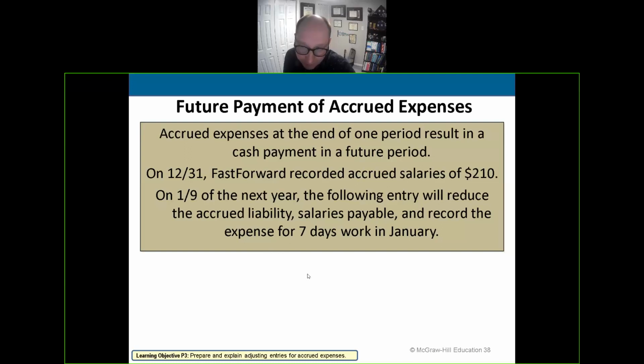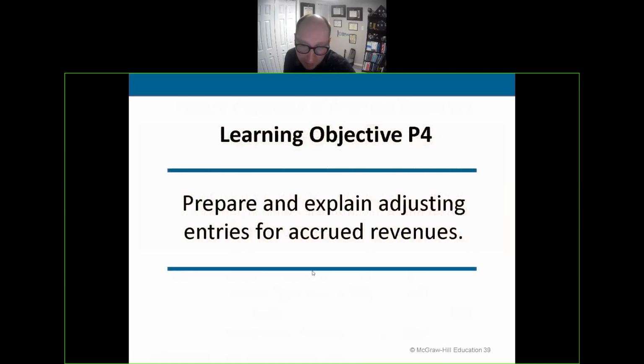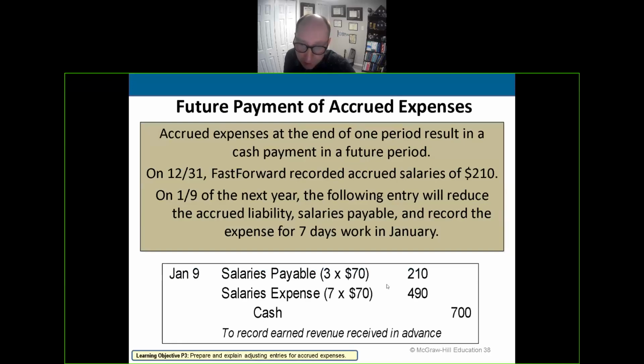On January 9th, we're going to pay them. So we pay them the $210 plus what they earned after that for that 2-week period. We debit salaries payable, debit salaries expense, and we credit cash.